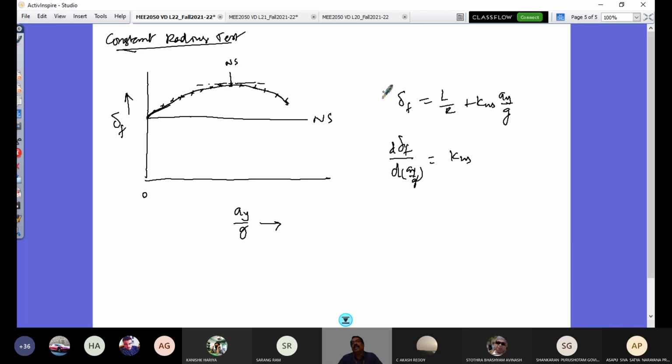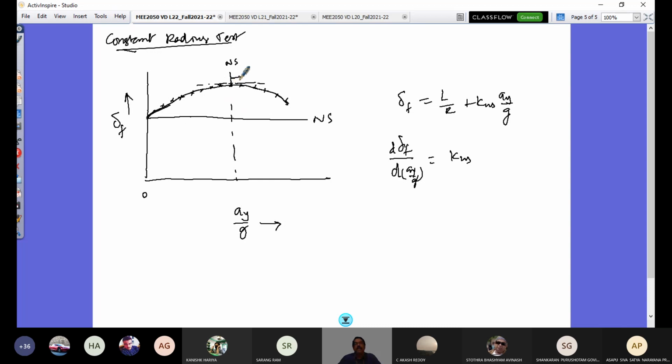So when the slope is 0, the steering angle variation for lateral acceleration is constant. If my vehicle were behaving with neutral steer tendency all the time, then irrespective of the speed at which I go with every lap, I would need the same steering angle. That's the meaning of this horizontal line. But if the vehicle is behaving as an understeered vehicle, I would have this, and then you would have your oversteer tendency here.